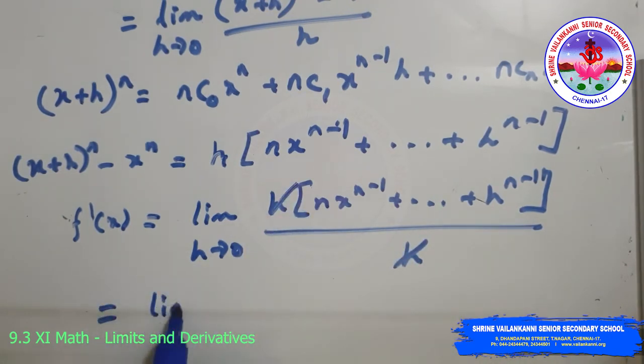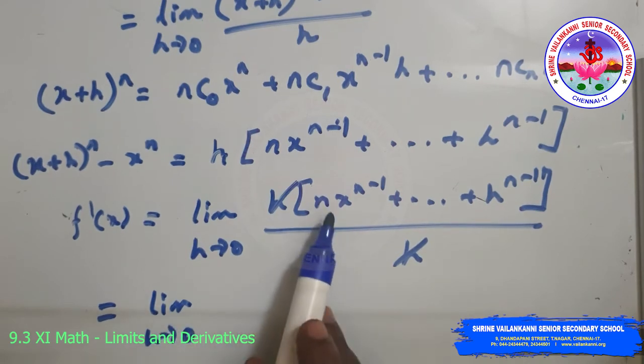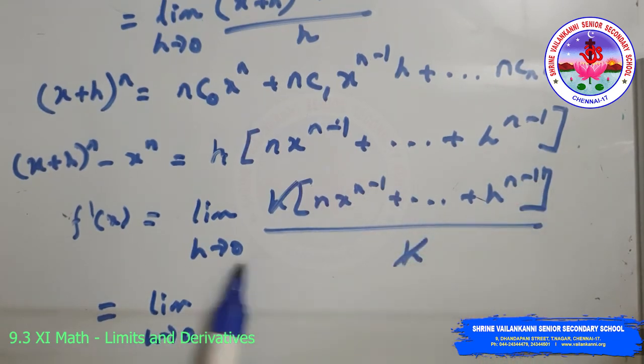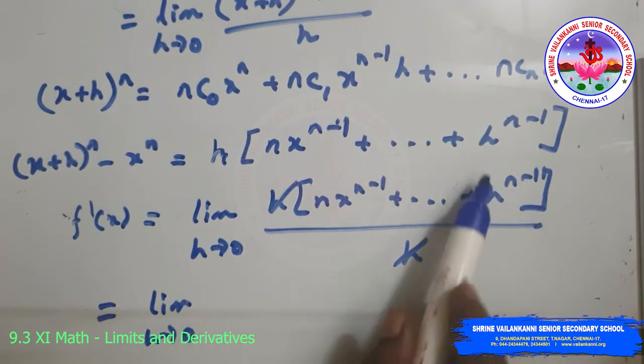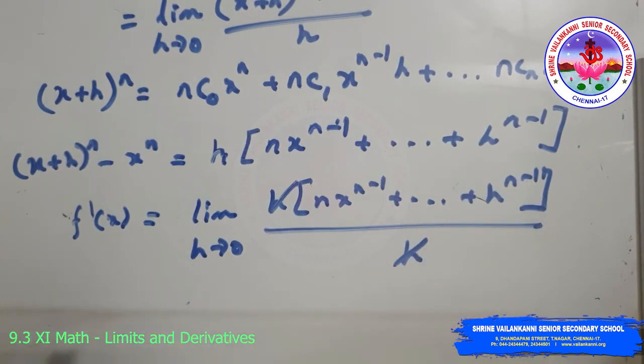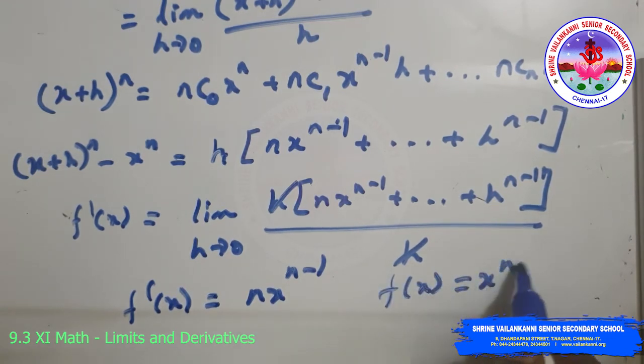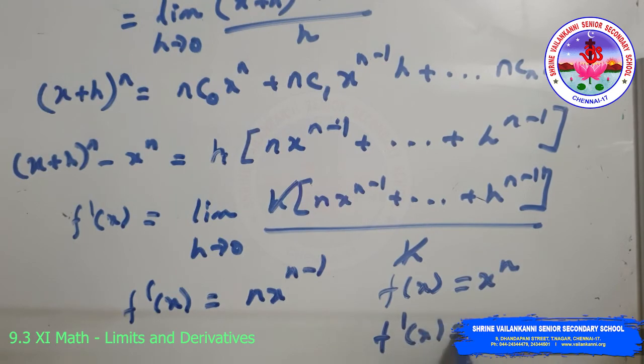We have limit h tends to 0 of nx to the power of n minus 1, etc., till h to the power of n minus 1. As h tends to 0, the remaining terms will become 0. Then f dash of x equal to nx to the power of n minus 1. So d by dx of x power n, here f of x equal to x power n, f dash of x is nx to the power of n minus 1.